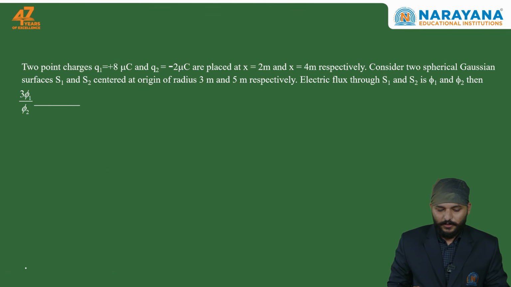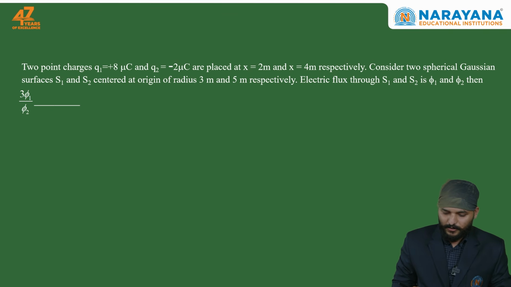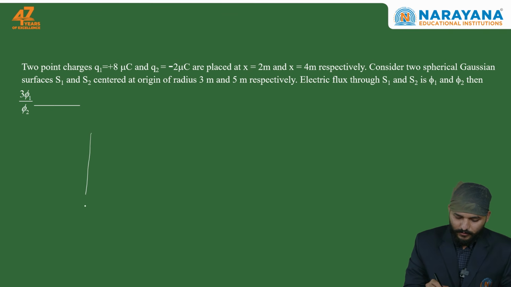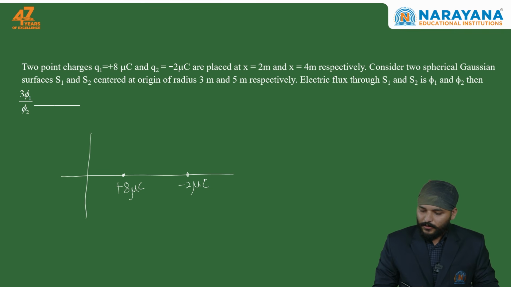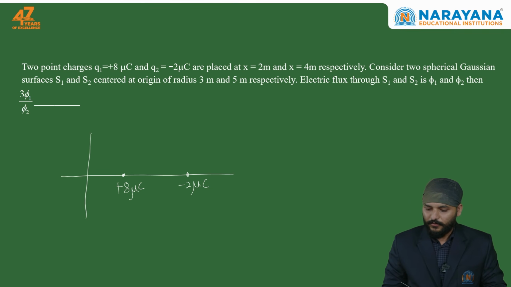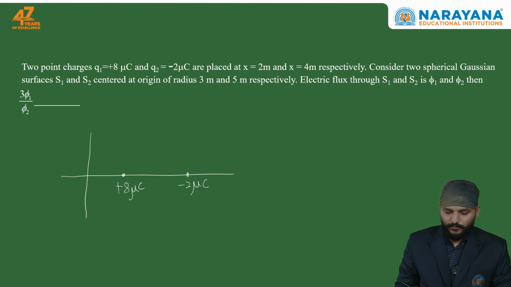So here it's given that there are two charges, plus 8 microcoulomb and minus 2 microcoulomb at two different points. So this is the x-axis. At x equal to 2 meter, there is plus 8 microcoulomb, and at x equal to 4 meter, there is minus 2 microcoulomb. Now he's asked us to consider two spherical Gaussian surfaces, S1 and S2, one with radius of 3 meter, the other with 5 meter, and we need to look at the electric flux through each of these.